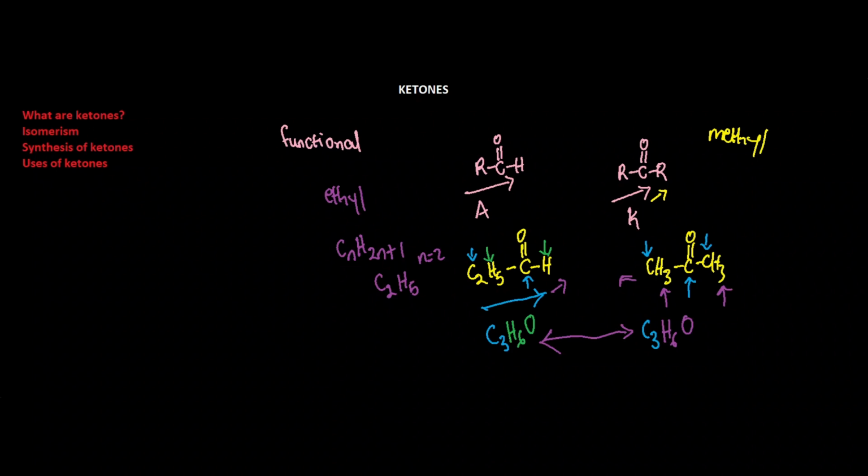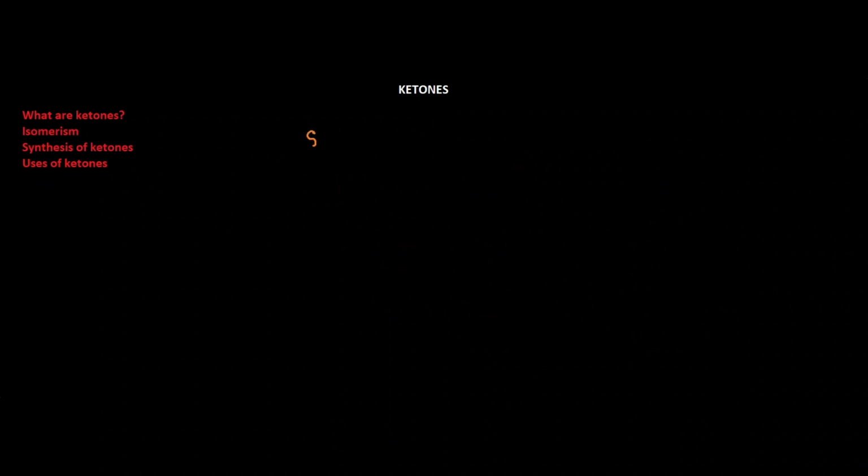Now let's take a look at synthesis of ketones. Ketones are synthesized by the oxidation of secondary alcohols. Okay, now in our video on aldehydes, we mentioned that oxidation in organic chemistry is simply the replacement of a carbon-hydrogen bond with a carbon-oxygen bond.